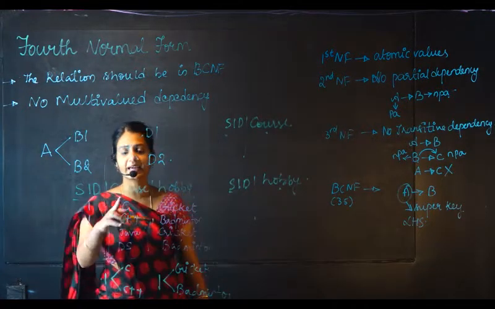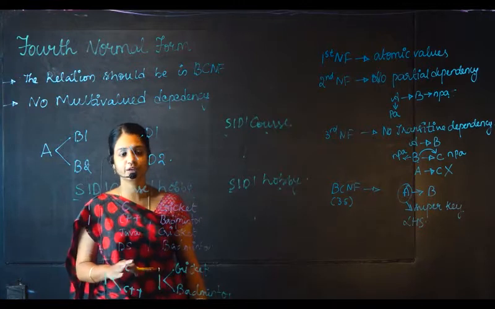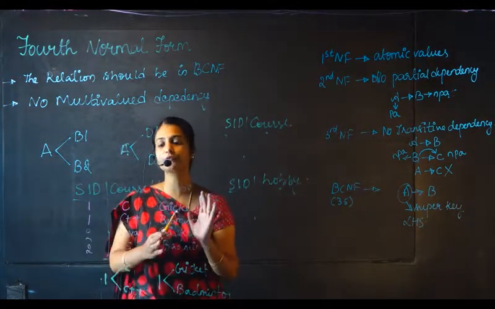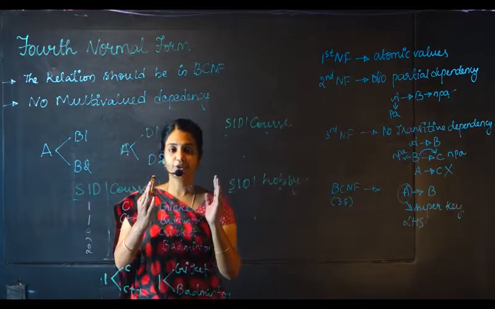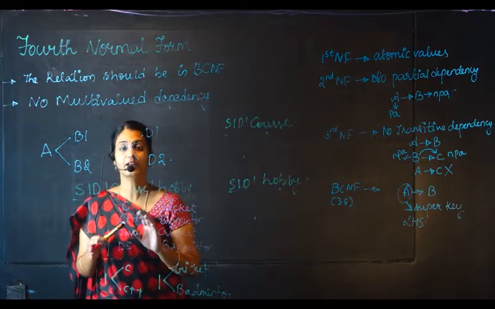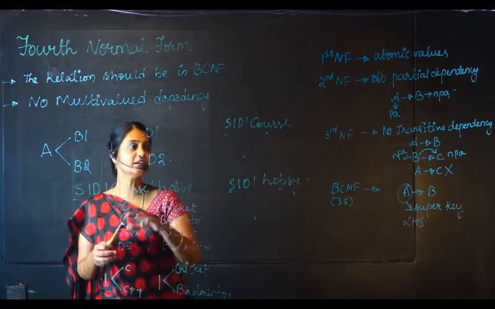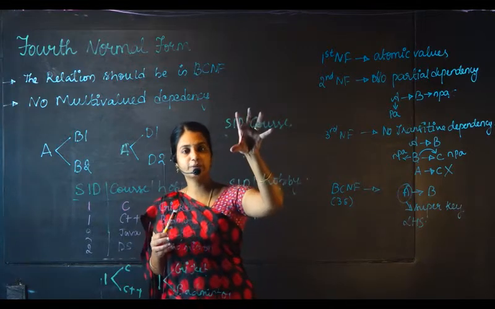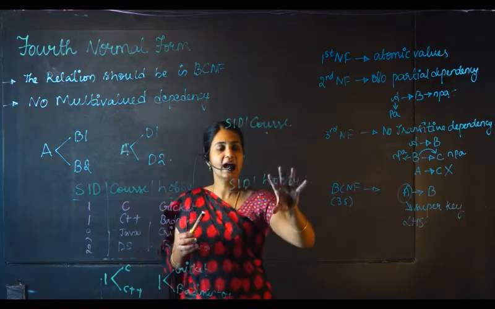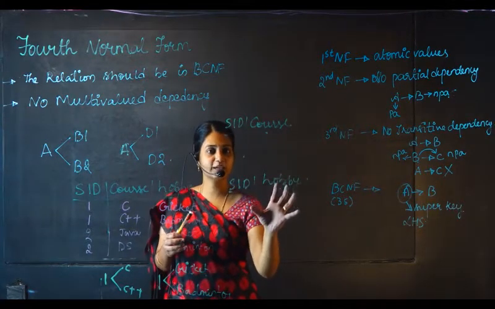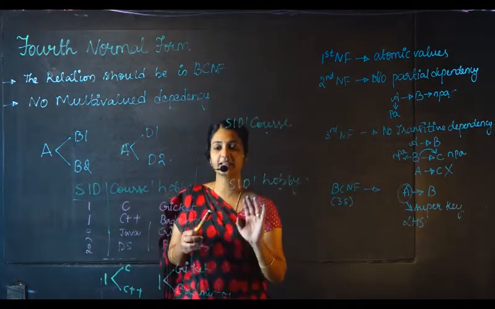A student can be enrolled in different courses, and at the same time he can have any number of hobbies. You cannot put these two attributes in a single table. So we divide the tables: the course details will be kept in one table, and the hobby details or any other things will be kept in a separate relation.